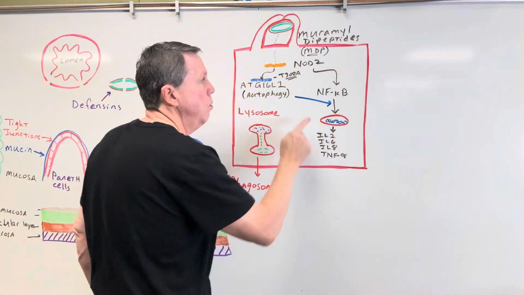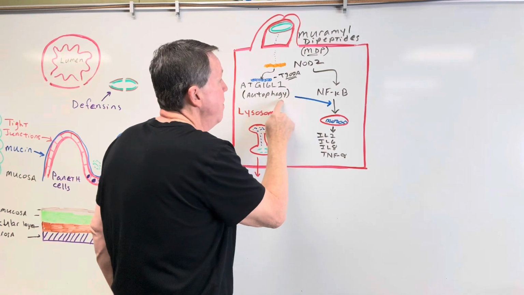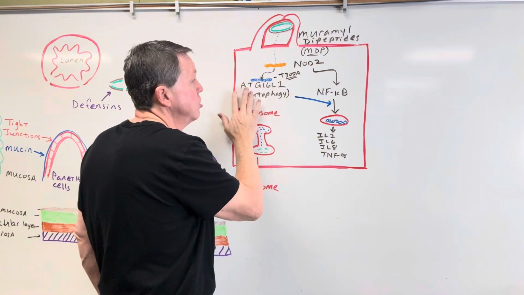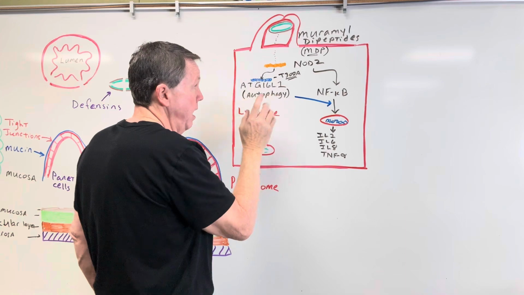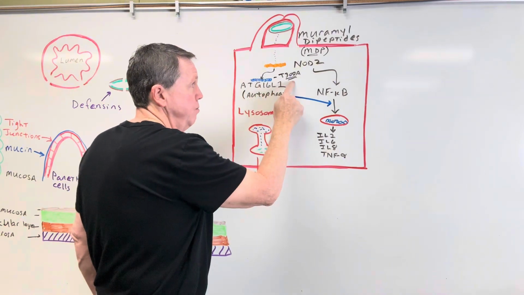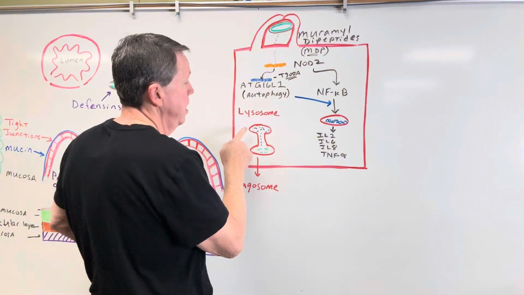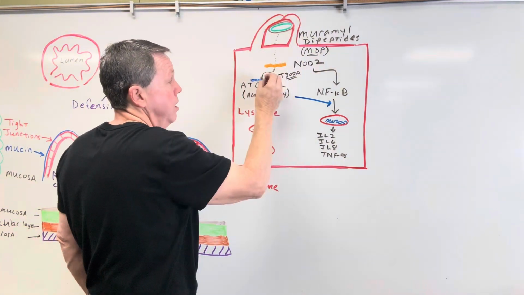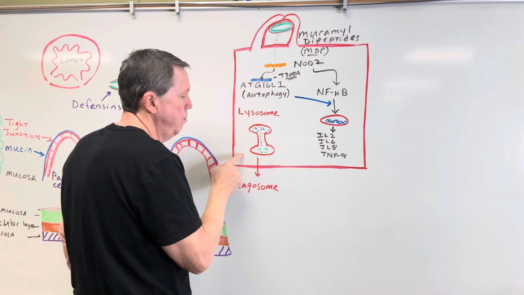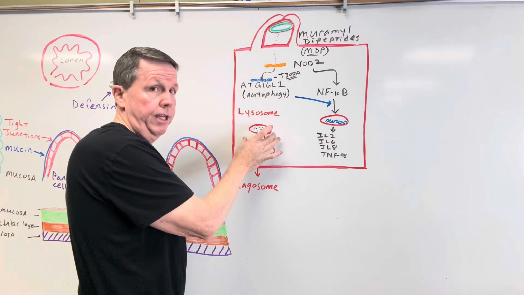The NOD2 will still activate this, but now we have this mutation, so none of this happens, right? And once again, because of the fact that we have this mutation here, we're not gonna get the phagosomes pulling this in, the pseudopods pulling this in, we're not gonna get the lysosome binding to this, and we're not gonna be killing bacteria.